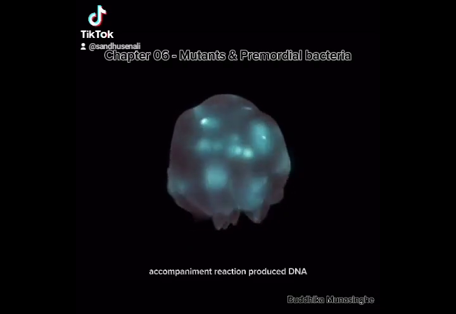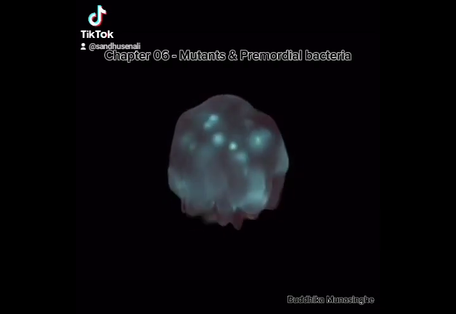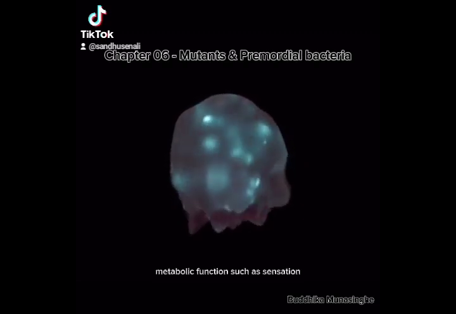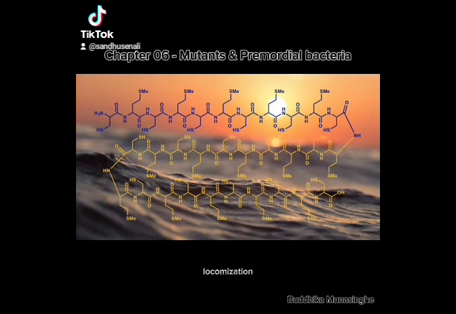A chemical reaction produced DNA that floated and submerged in plasma, resulting in the first organism capable of metabolic functions such as sensation, nutrition, respiration, excretion, growth, locomotion, and reproduction. That organism is called primordial bacteria.